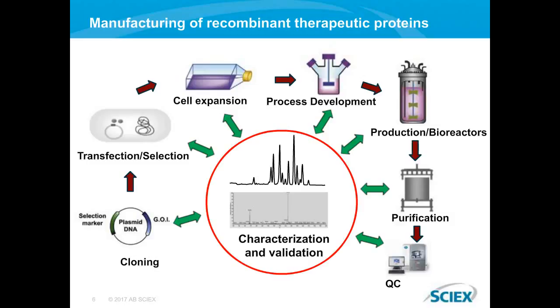But all over the manufacturing process, of course, this glycosylation should be characterized and even validated to some extent. At the end of it, with the QC part, the companies need very, very high resolution and very, very precise quantitative measuring tools to check the glycosylation of the product which should be released.